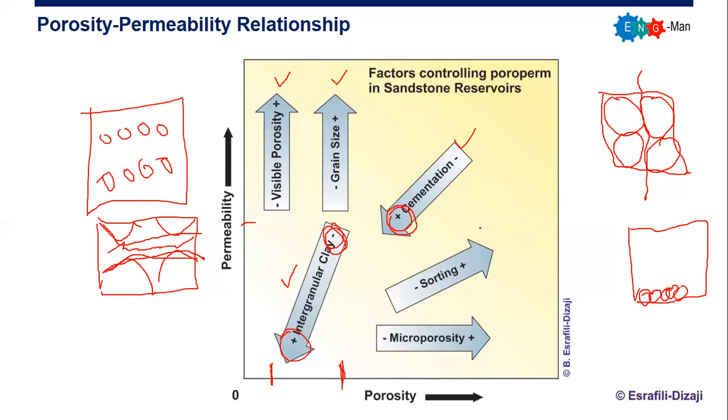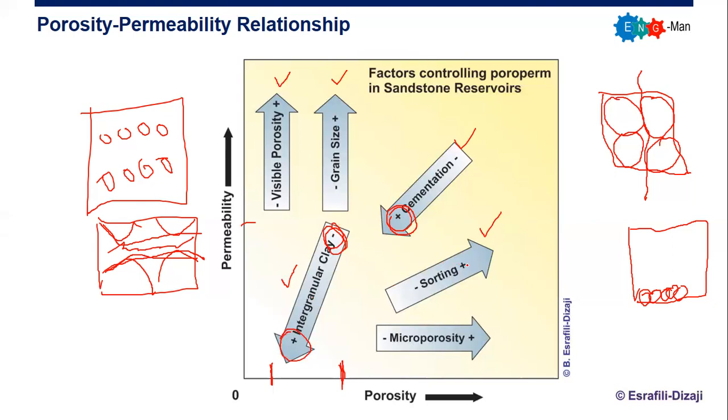And this is also important, the sorting. So usually you will have grain size issue and sorting issue at the same time. Of course, we want better sorting. In this case, better or good sorting means we have almost regular or uniform size.